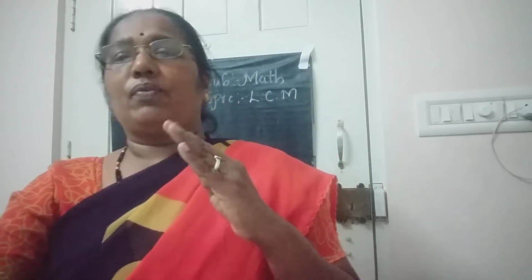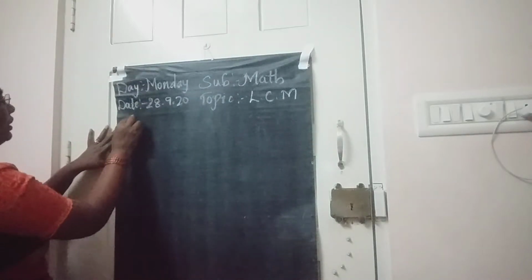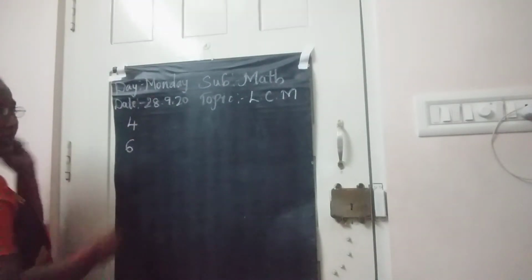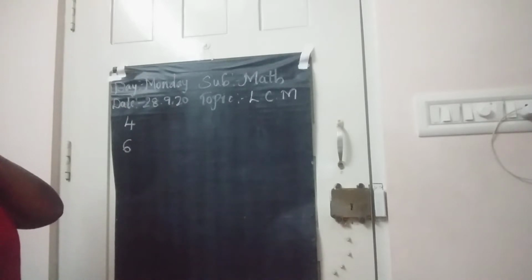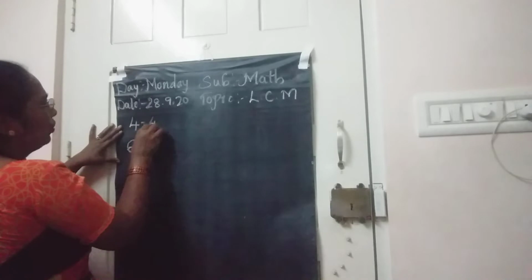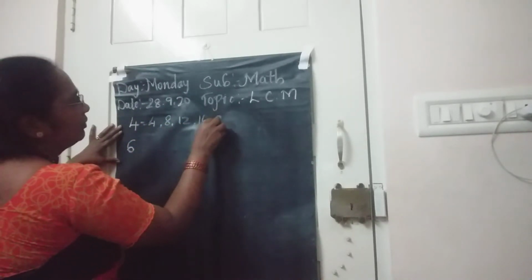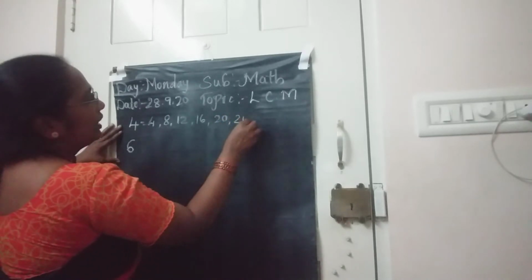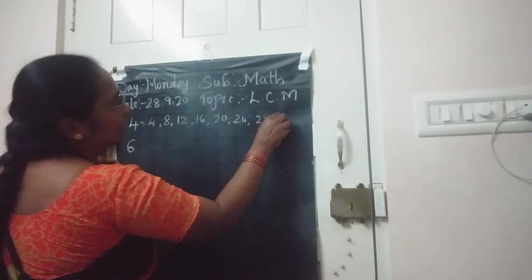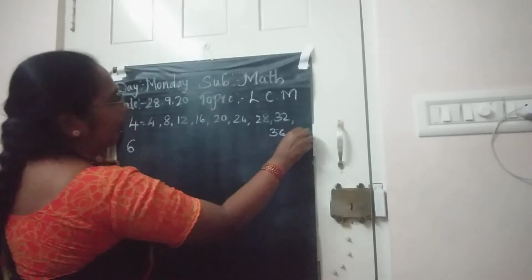Now, if I say that you are going to have the tables of 4 and 6, what are the tables of 4 and 6? Here, 4, then 8, 12, 16, 20, 24, 28, 32, 36 and 40.